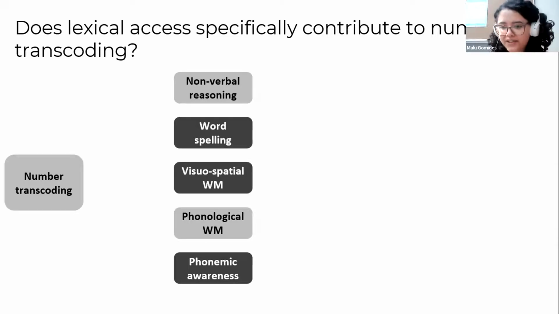This partially replicates the results from the previous study from Lopes-Silva and colleagues that I mentioned. We did not find that phonological working memory was a significant predictor of number transcoding in the present study, and we hypothesized that this might happen because we used a more complex number transcoding task.